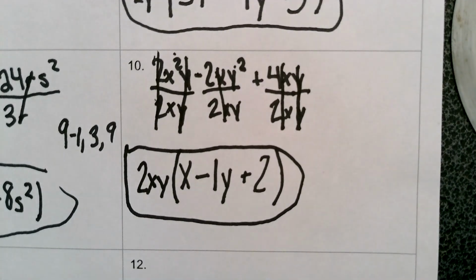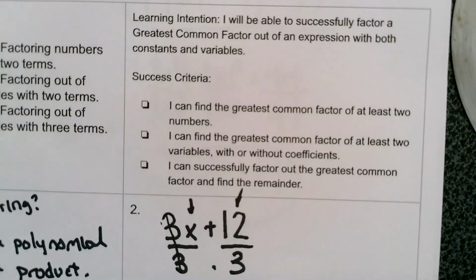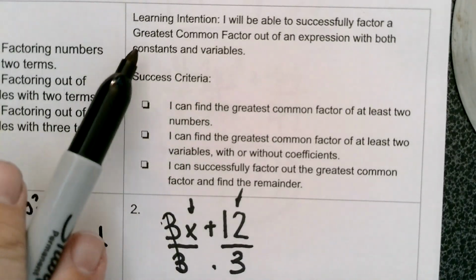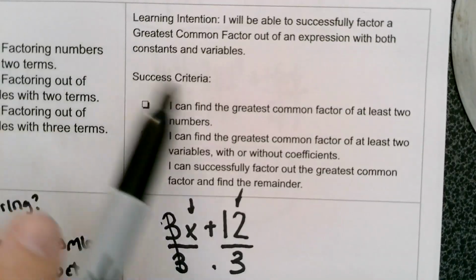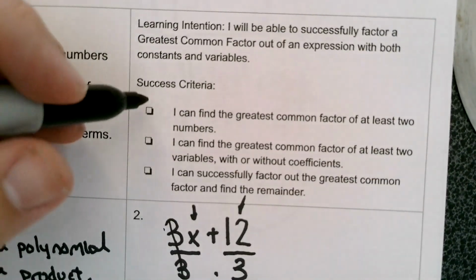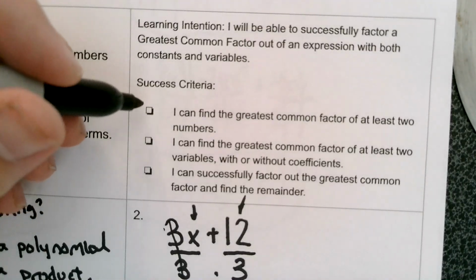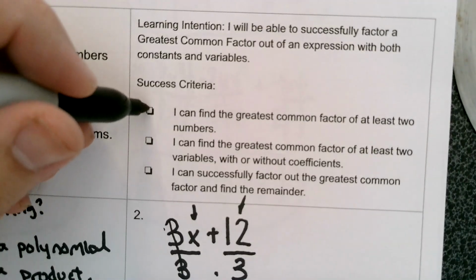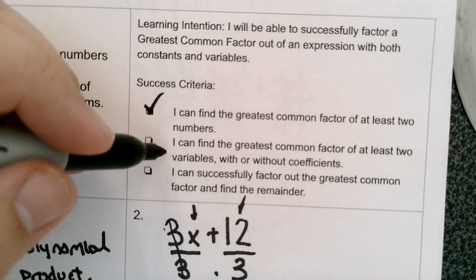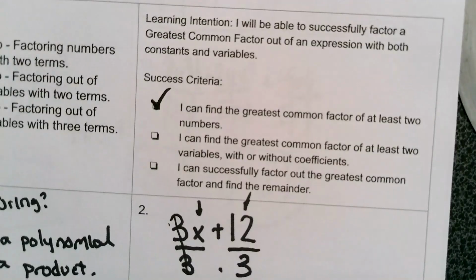So, let's take a look at our learning intention again. I will be able to successfully factor a greatest common factor out of an expression with both constants and variables. I can find the greatest common factor of at least two numbers. We did that in literally every problem. So if you're comfortable with that, give that a check. I can find the greatest common factor of at least two variables with or without coefficients.